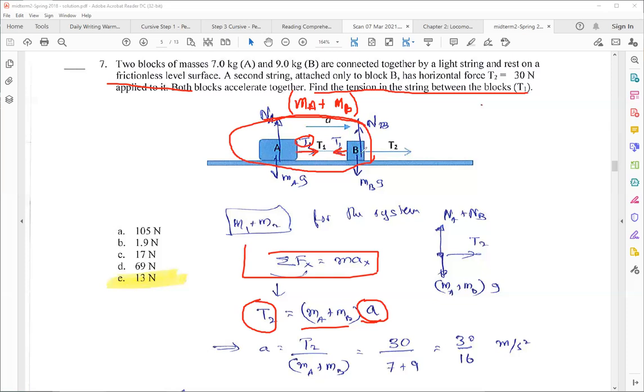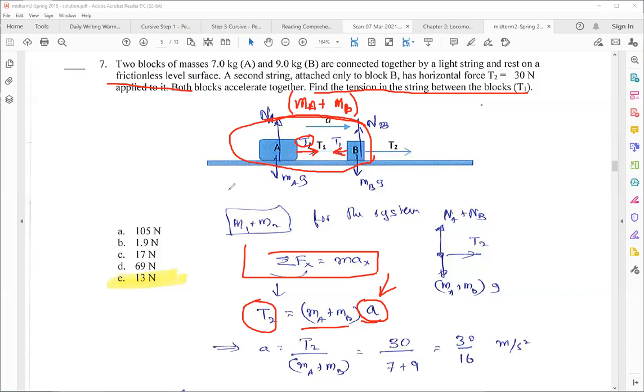The reaction has the tendency to pull block B to the left, which means tension 2 is being slowed down by this tension 1. The easiest way is to find the acceleration of the system as a whole first, and then use this same acceleration to find tension 1 acting on block A.